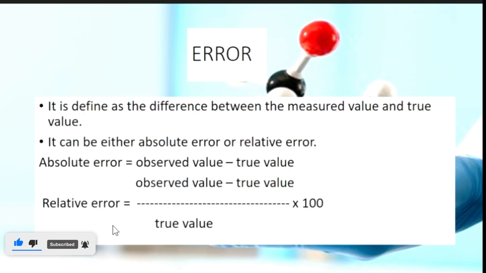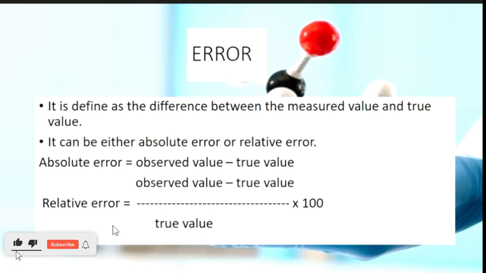So first, what is error? Error is the difference between the measured value and the true value. It can be expressed as absolute error or relative error. Absolute error is the measured value minus the true value, where the true value is what should be obtained in that particular experiment.